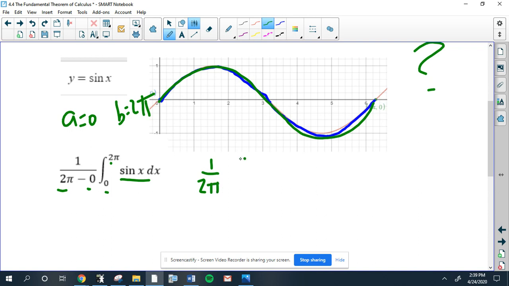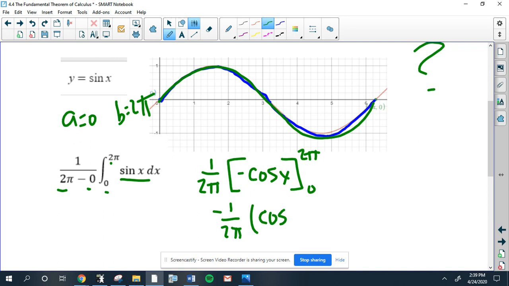The integral of sine of x is negative cosine of x, and we're going to evaluate that from 0 to 2 pi. Negative is a constant, so I can just go negative 1 over 2 pi times the cosine of 2 pi minus the cosine of 0.